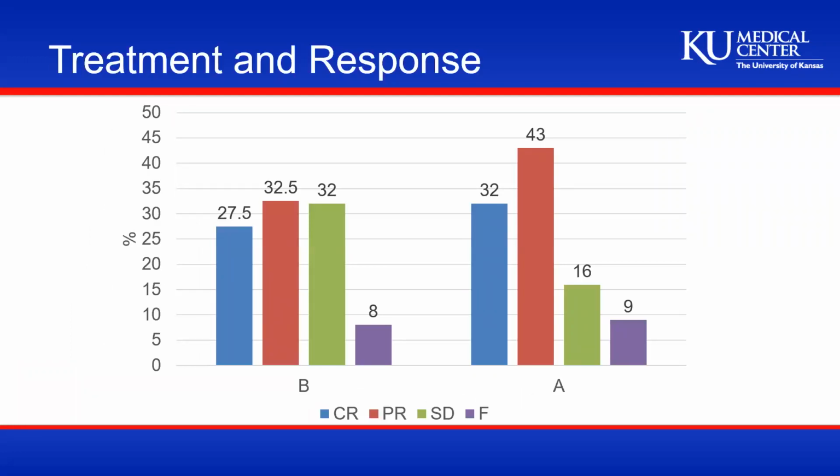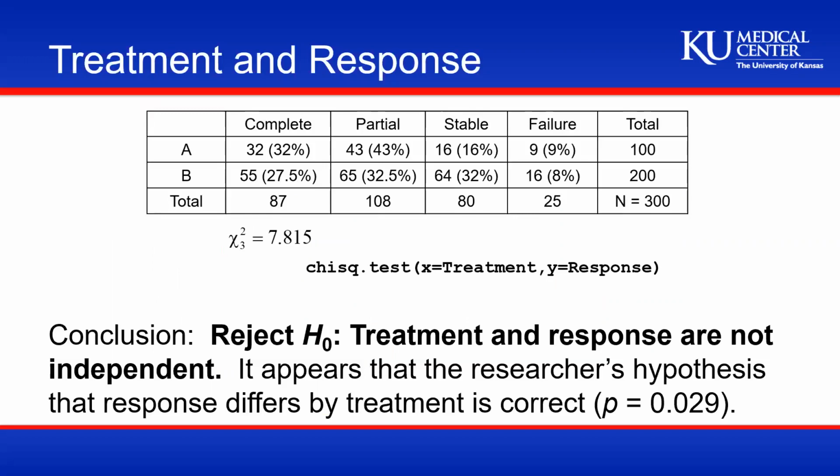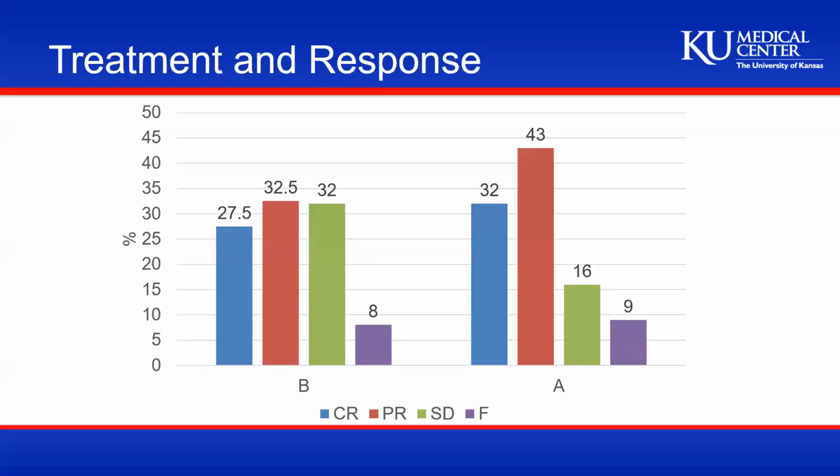The overall chi-square test of association has a single p-value, but I could do a post hoc test and get p-values associated with each of these comparisons, 27.5 versus 32.